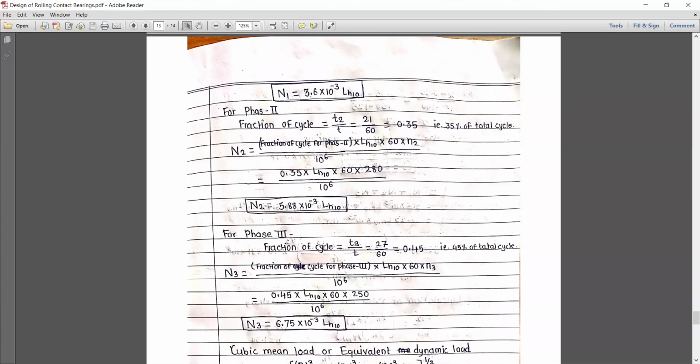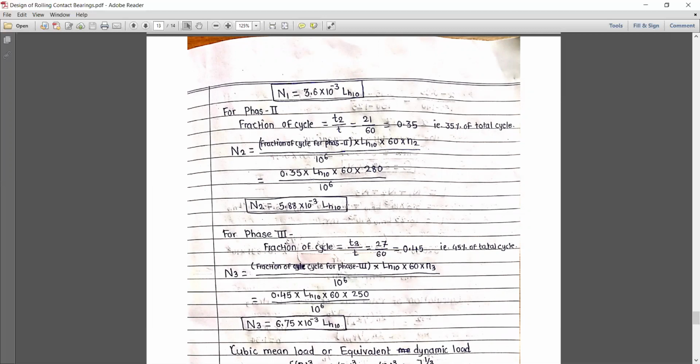Similarly, for phase number 2, the fraction of cycle is 21 divided by 60, that is 35% of the total cycle, and we calculated the value n2 is equal to 5.88 into 10 raised to minus 3 LH10.